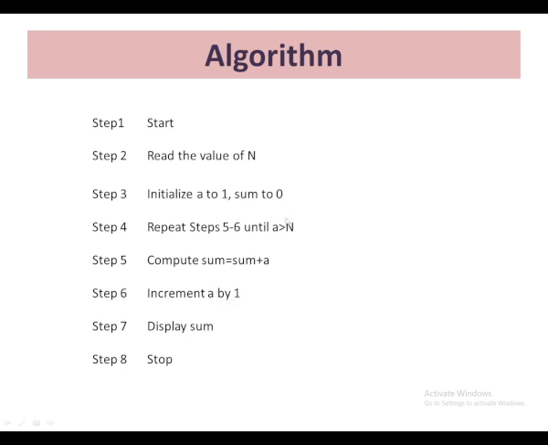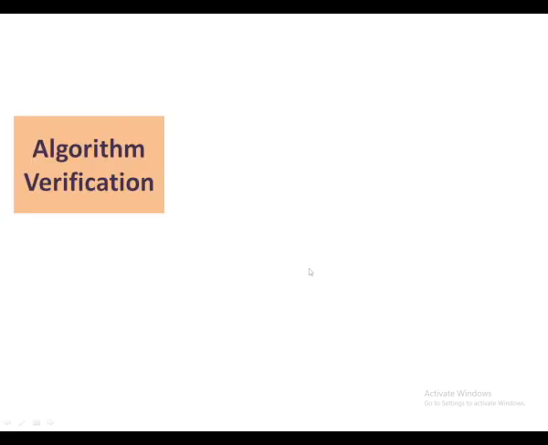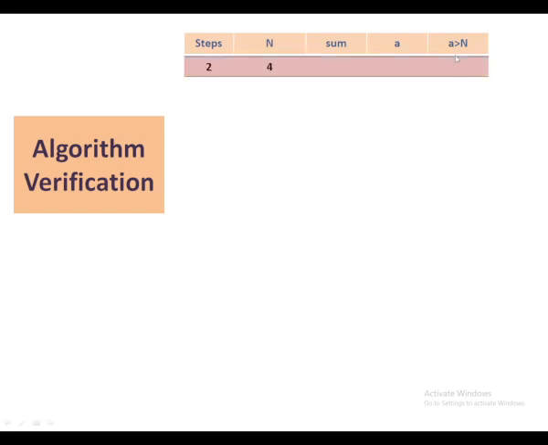If a is greater than n, it will display the sum. So we will see how this algorithm can be verified. First you write down the steps, and then the variables you have used: we have n, sum, a, and we need to test a condition in your algorithm, a is greater than n. According to your second step, you are reading the value of n.